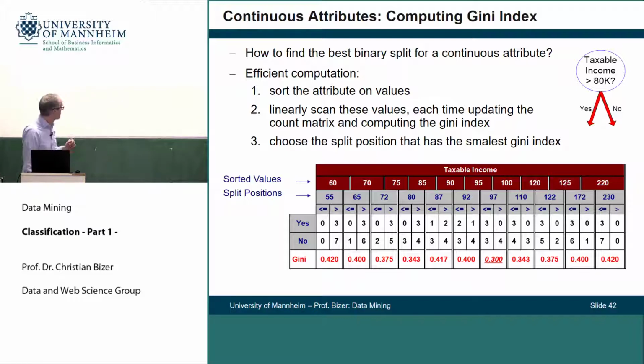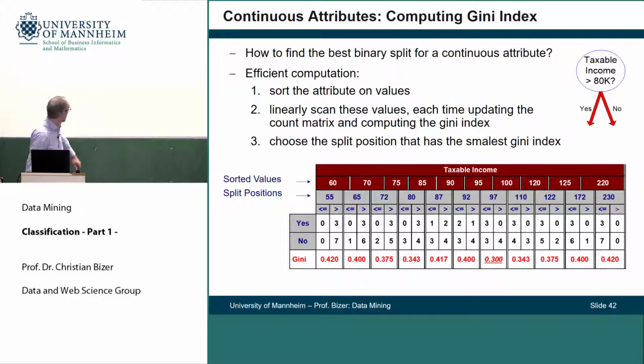So initial split position, even below our initial value of 60, 55, just randomly taken. We could also have taken 40. Basically, we calculate the Gini for how many of our examples have an income value above 55 and how many have an income value below 55.